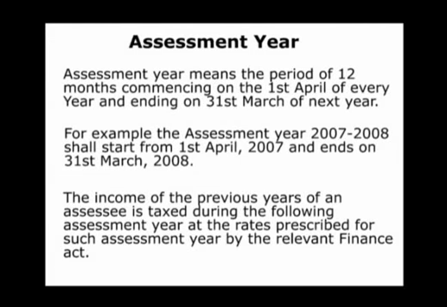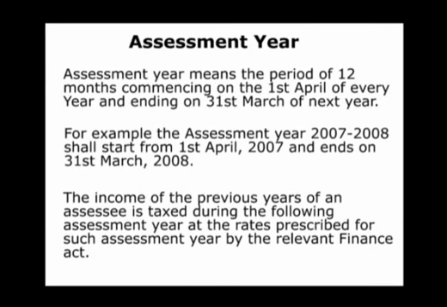The income of the previous year of an assessee is taxed during the following assessment year at the rates which are prescribed for such assessment year by the relevant Finance Act, which I made a mention of in my last discussion, how the Finance Act gives the rate of tax in various parts.